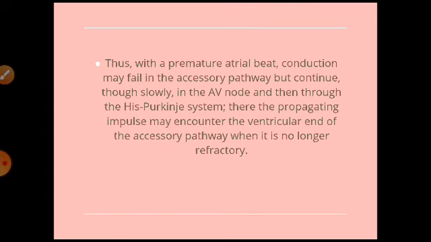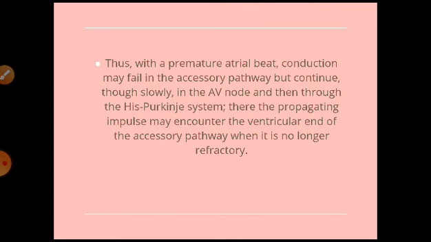Because it is so slow and the accessory pathway conduction system is very fast, this premature impulse won't be taken up by the accessory pathway. But because the AV node is slower, it takes that impulse, and slowly it conducts in the AV node and then through the His-Purkinje system.